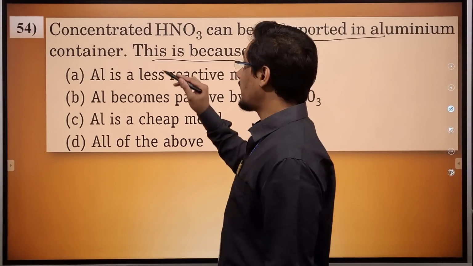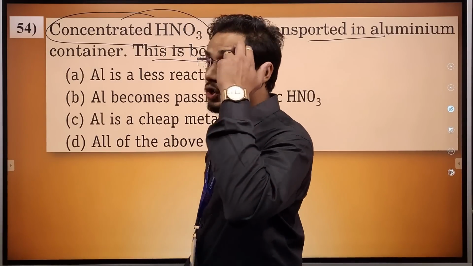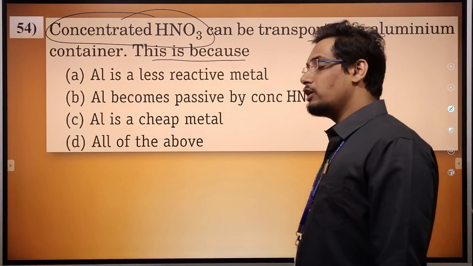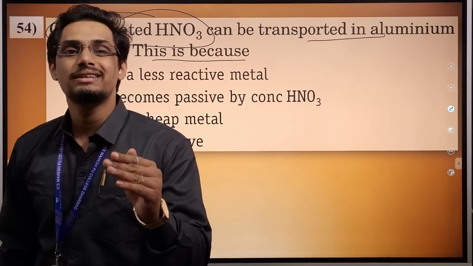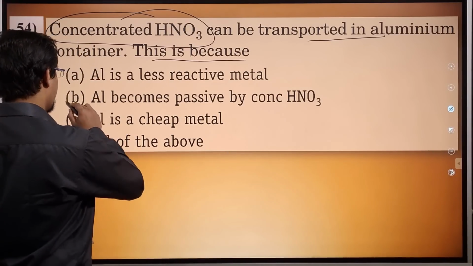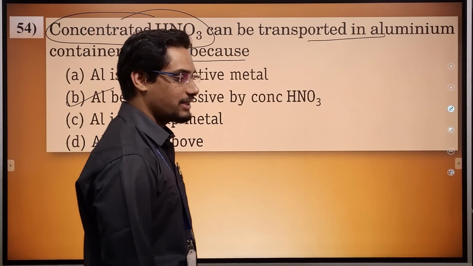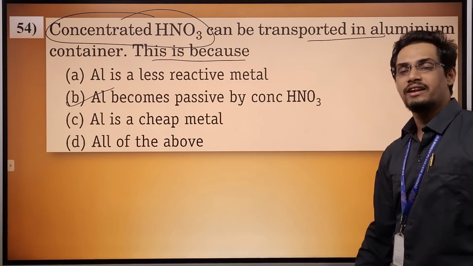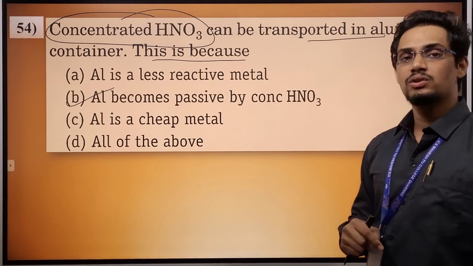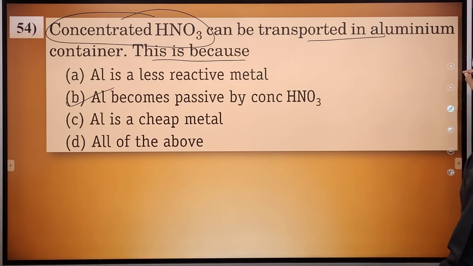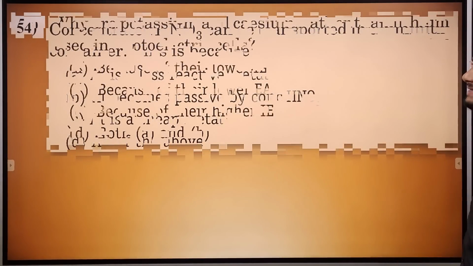It reacts with dilute acid. However, it doesn't react with concentrated nitric acid. Why? This is because aluminium forms a stable passive oxide layer. Aluminium becomes passive with concentrated HNO3. However, with dilute HNO3 it reacts. Option B is the answer.